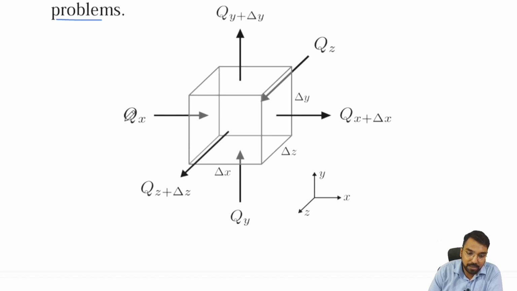Let's say this direction is the x-axis direction. This block has a thickness of delta x in this direction.